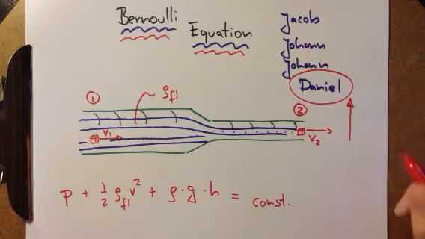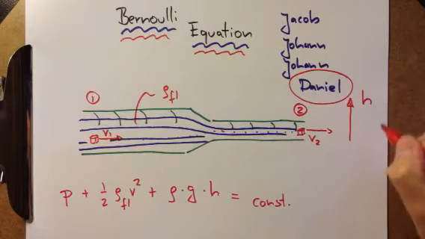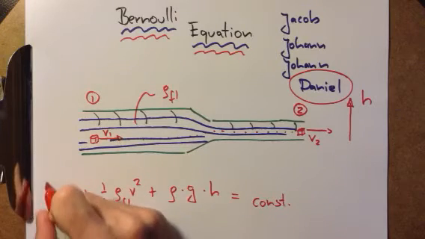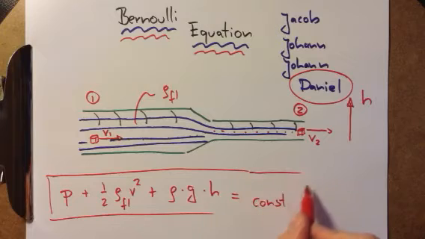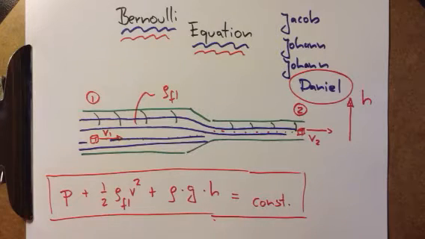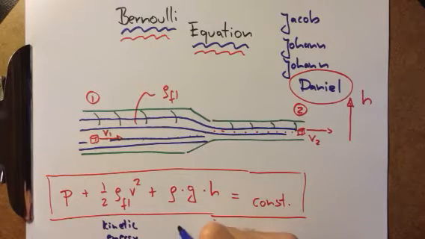So this is a flow in the horizontal direction, so our height scale is up the paper, and you can see that this looks very similar to an equation about energy, and in fact this term is related to the kinetic energy. In fact, it is the kinetic energy of this tiny volume element. This is the potential energy.